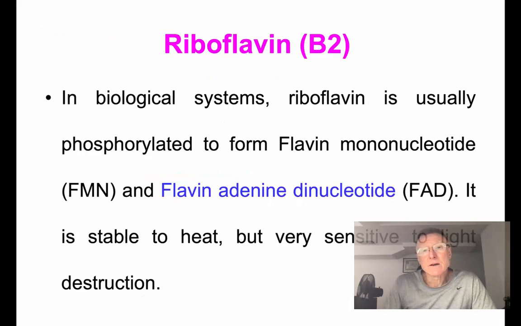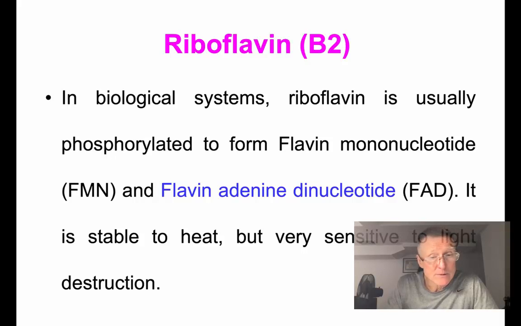So the second vitamin is B2, or riboflavin. In biological systems, riboflavin is usually phosphorylated, and it's in the form of flavin mononucleotide, or FMN, and also flavin adenine dinucleotide, or FAD. I'm sure that you've heard of NAD, FAD. So in this particular case, vitamin B2, or riboflavin, is a main component of this compound.